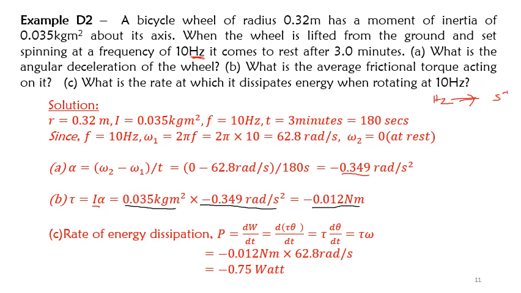Then the rate of dissipation of energy. Likewise, the negative sign illustrates that it is losing energy. That's the essence of those negative signs. The rate of energy dissipation is power. Rate of work done, rate of energy expended, that's power. You know that formula also. In this case the relevant one uses the torque, tau, and the angular velocity. The torque is obtained already, and the angular velocity is also known.